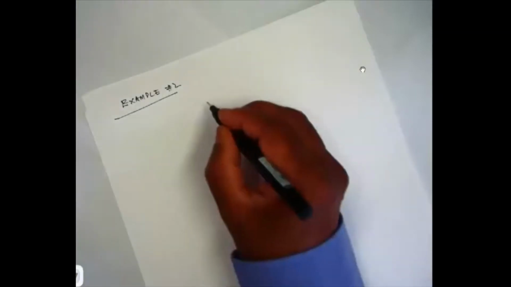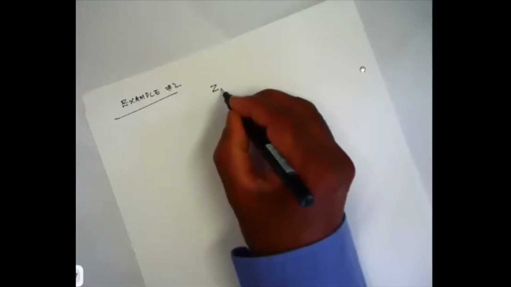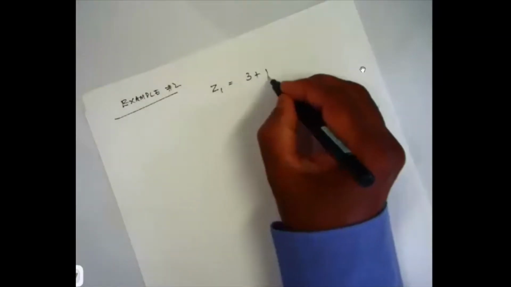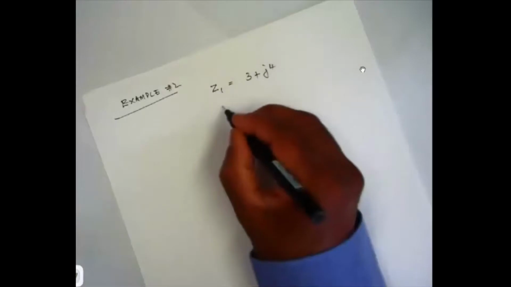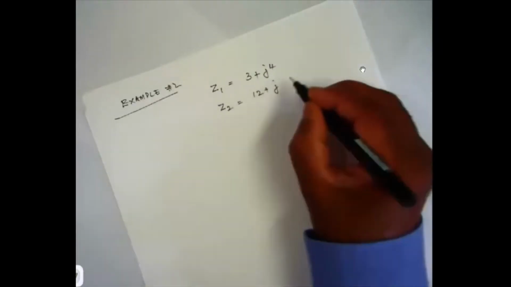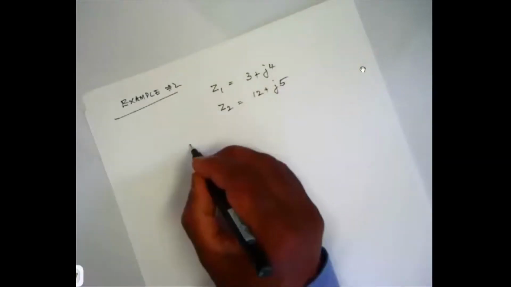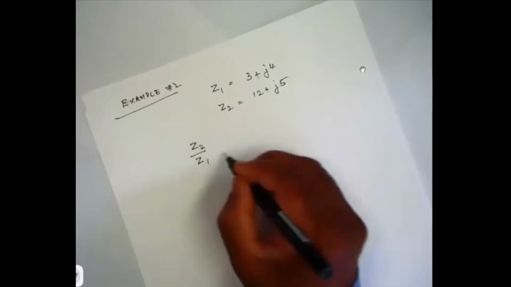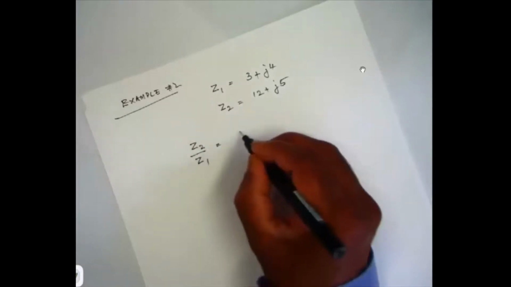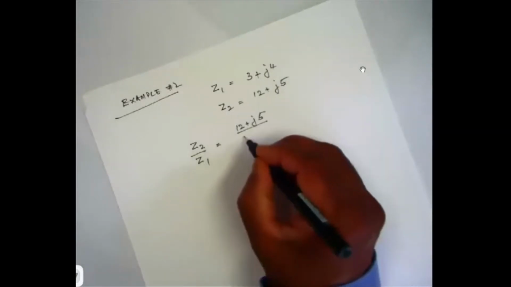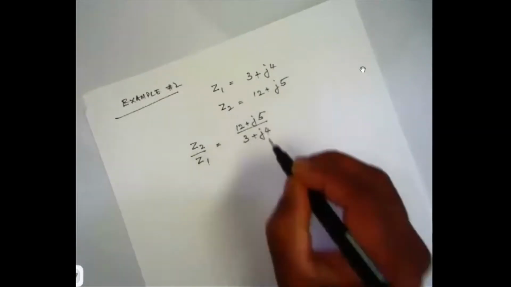We can do the same two numbers, Z1 is equal to 3 plus j4 and Z2 is equal to 12 plus j5. So we will divide Z2 by Z1 instead of Z1 by Z2. So that is 12 plus j5 over 3 plus j4.